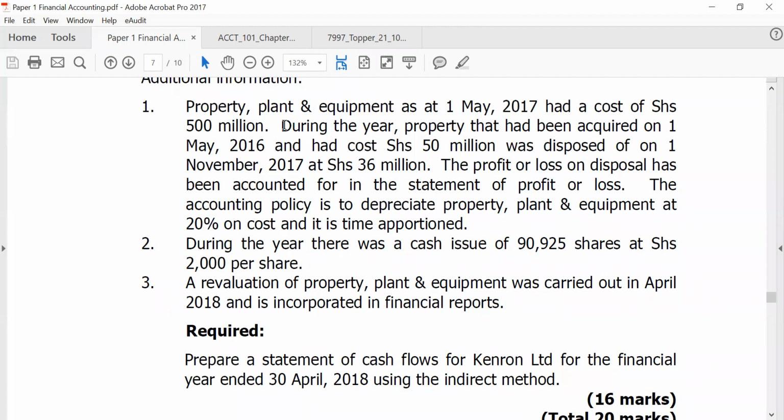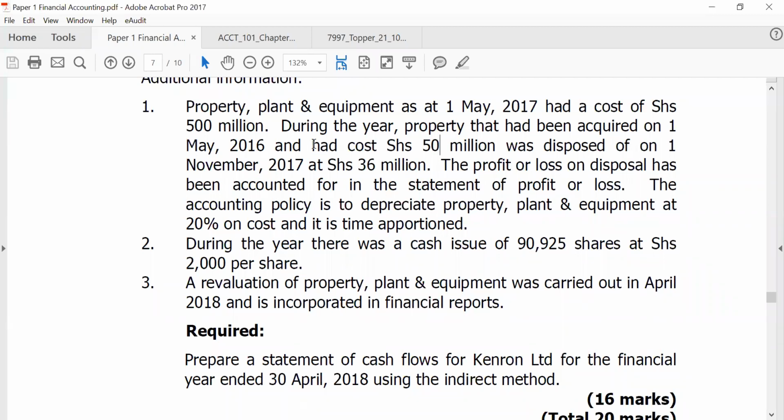So they're also telling us that during the year, property, plant, and equipment acquired on 1st May 2016 had a cost of 50 million. So there was an acquisition of 50 million.